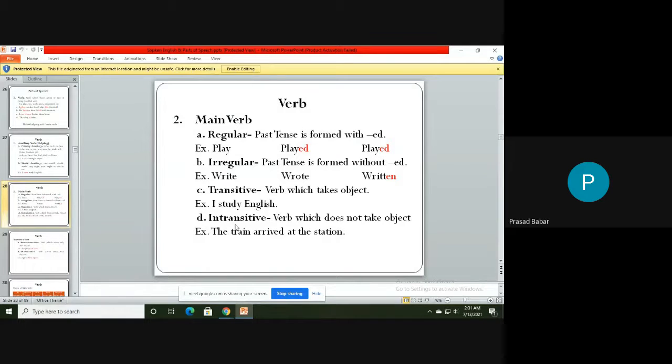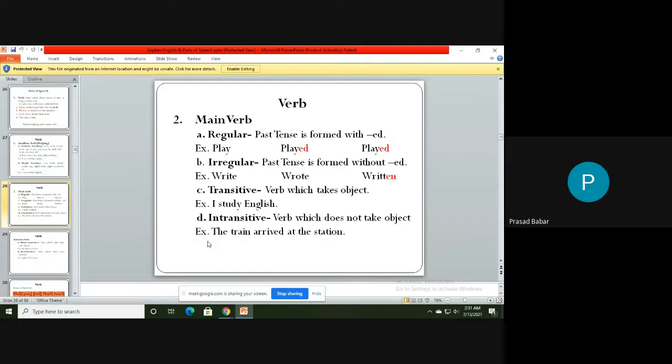The next type is intransitive verb. The verb which does not take object is called intransitive verb. In Marathi we may call it akarmak kriyapad. Let's discuss the example. The train arrived at the station.